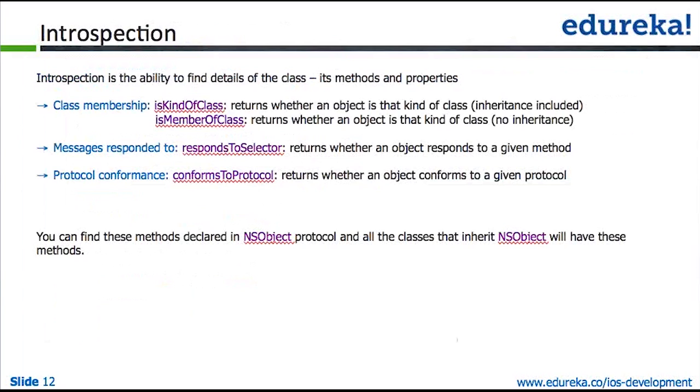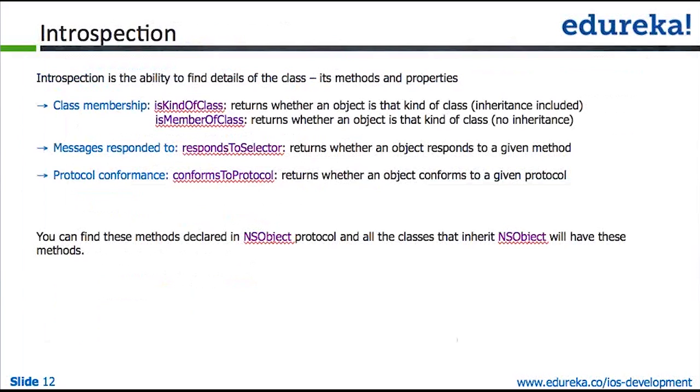So if you say isKindOfClass NSObject, then every object will say true because they all derive from that. That's not a good example, but say in our case we can say isKindOfClass Shape. Then in that case, the first object in the array would return true. Whereas isMemberOfClass is more specific, so it will return true only if it is Circle.